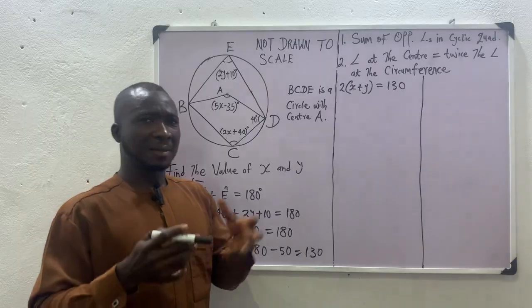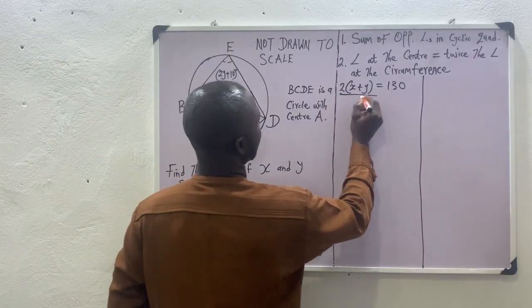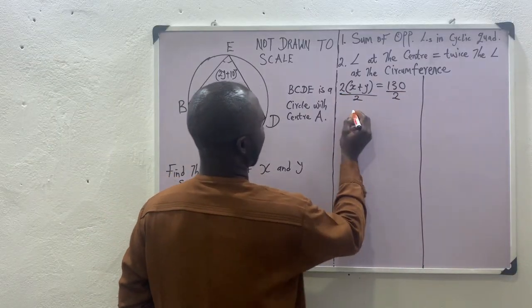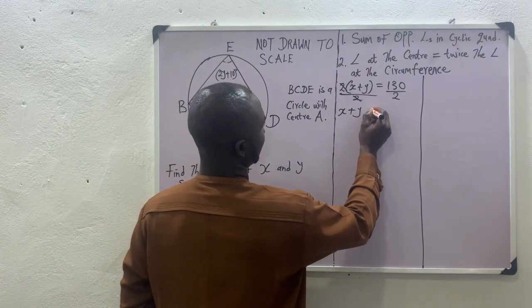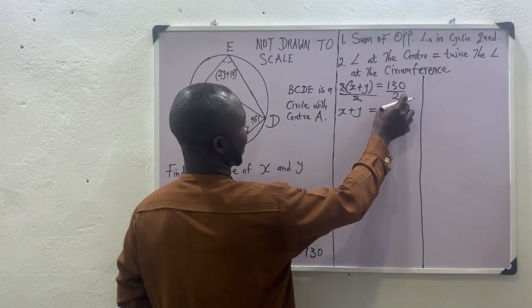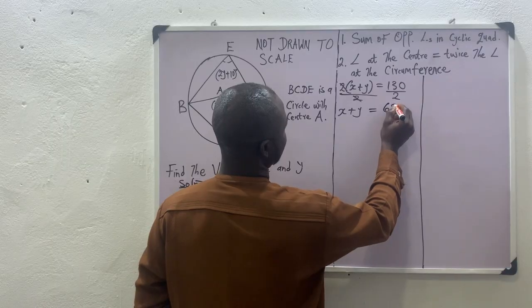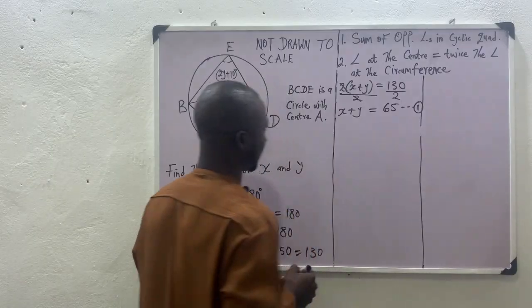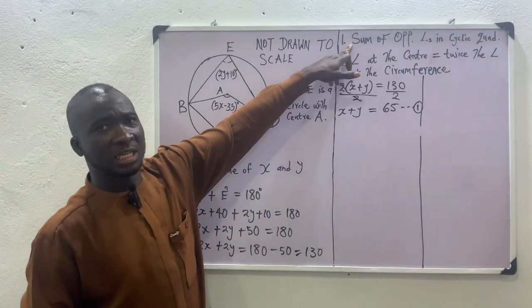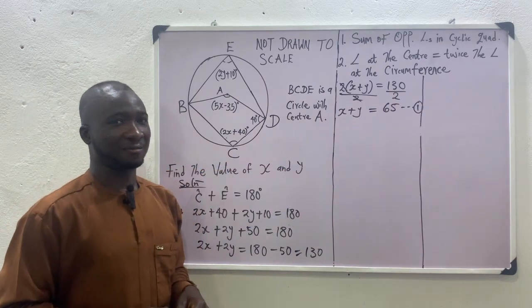And if you divide both sides of this equation by 2, we then have that x plus y will be the same thing as 130 divided by 2, and that will exactly give us 65 degrees. So let's call this our equation 1. When we make use of this relationship, we obtain that x plus y is equal to 65 degrees.